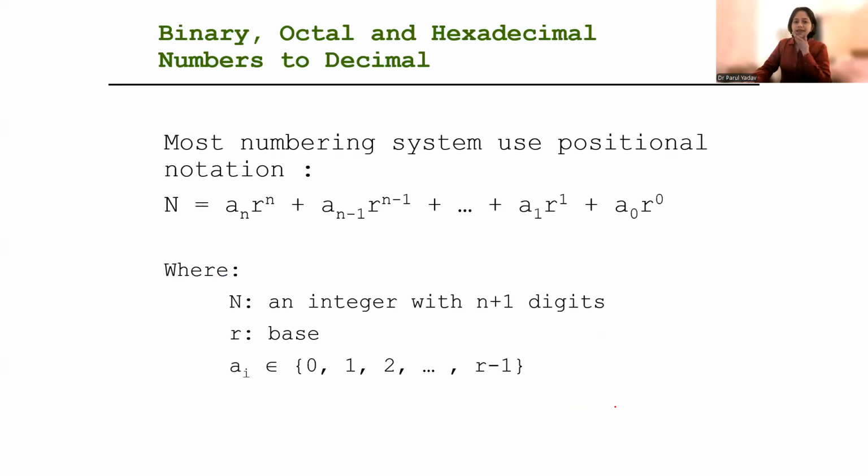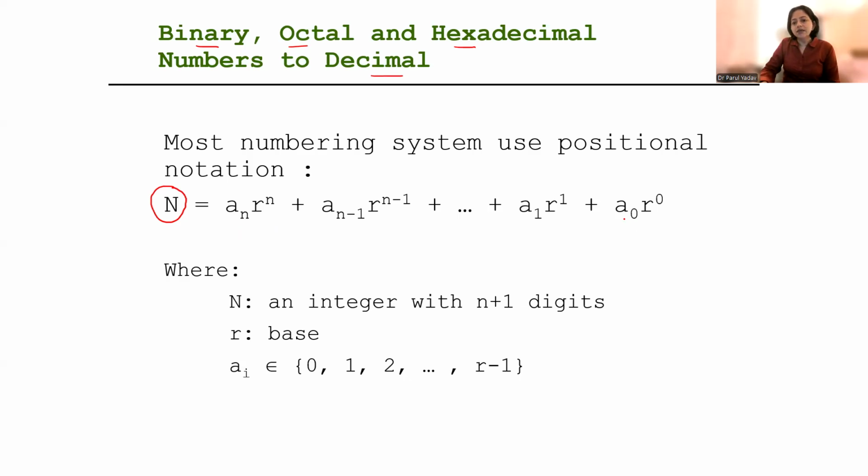To make it clear, suppose our objective is to convert binary, octal, or hexadecimal numbers into decimal numbers, right? So the idea is, suppose we want to get a number in the decimal number system, and we have a number in another number system.